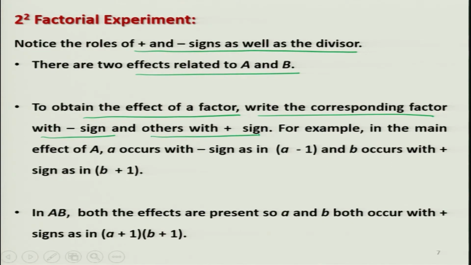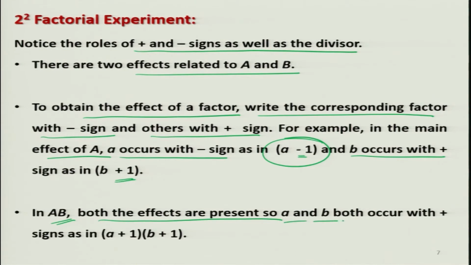For example, when we write down the main effect of A, A occurs with a minus sign, as you can see here, A minus 1, and B occurs with the plus sign, that is B plus 1. And in the case of interaction effect AB, both are present, so A and B both occur with plus sign, as in A plus 1 and B plus 1.